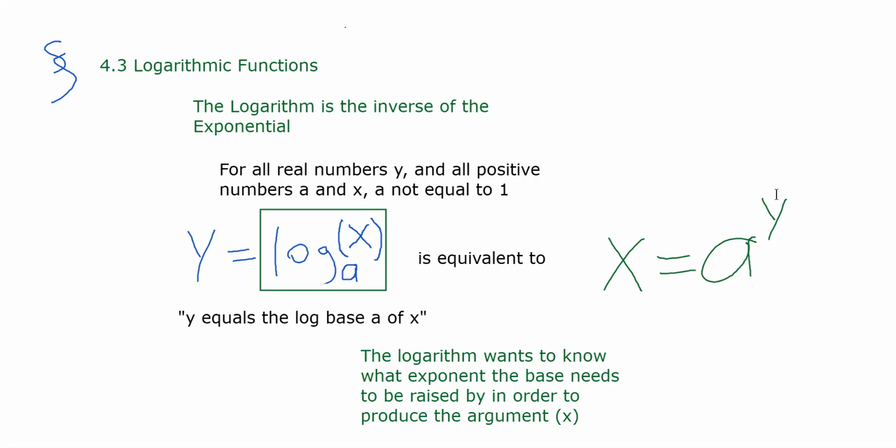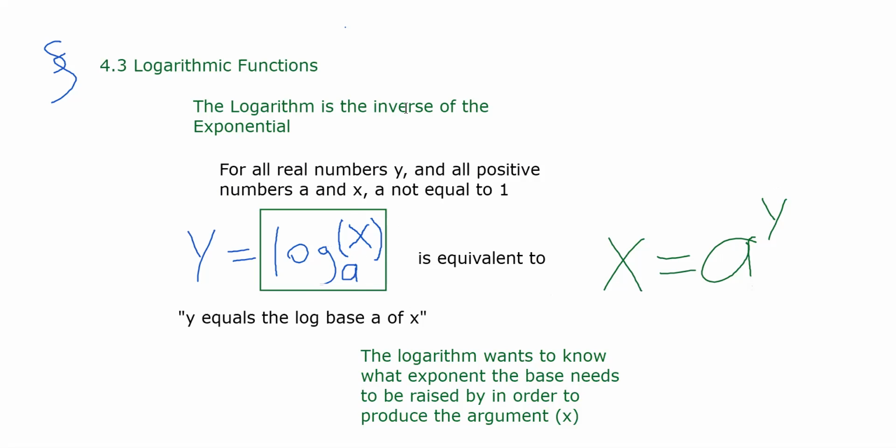Here, we know what the exponent is, we know what the base is, and we're just raising the base to that exponent. It's almost like sometimes you'll plug it into a calculator, or it's just a computation that's very easy to do. Here, no, you've got to think a little bit. You've got to figure out what exponent is required to raise a by in order to get this x thing. So pretty wild stuff.